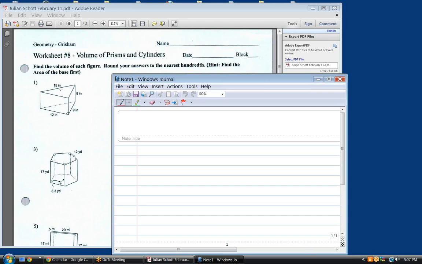In other words, see this top face here? That is the same as the bottom face, which has dimensions of 12 inches by 9 inches, and it's a right triangle. If I draw that bottom face, it looks like this. And the top face is the same way.